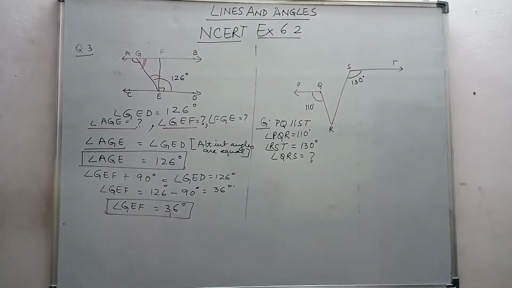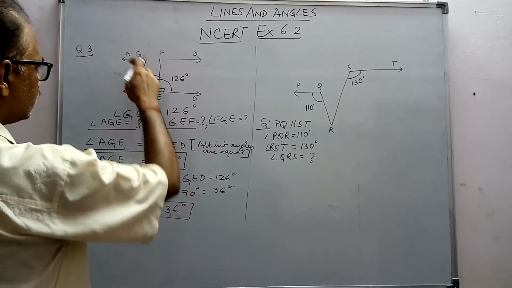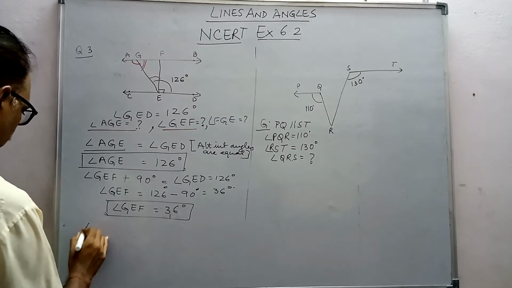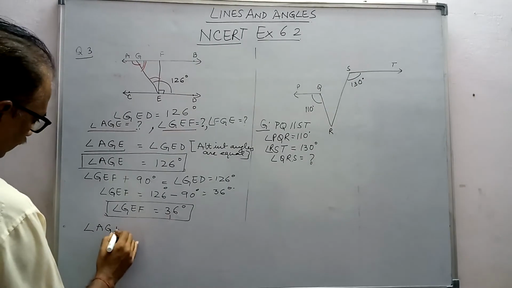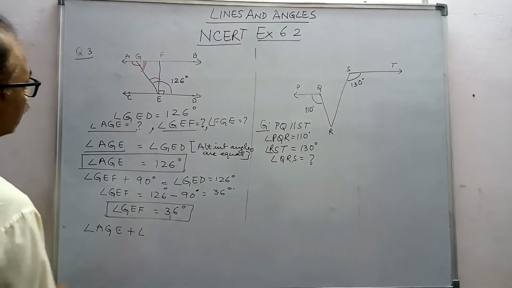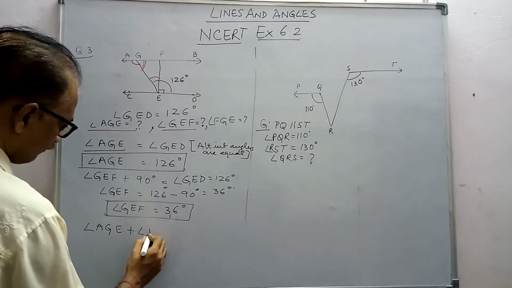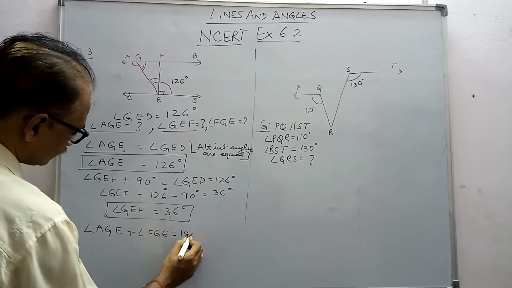Again you see the third part, that is FGE. F is this, G is this, E is this. So angle AGE plus angle FGE is equal to 180 degrees.